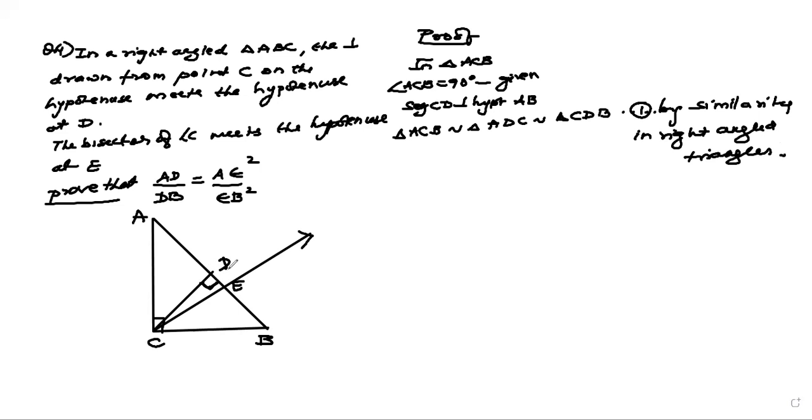Now you can see, where can I get AD and BD? AD upon CD equals CD upon BD equals AC upon BC.